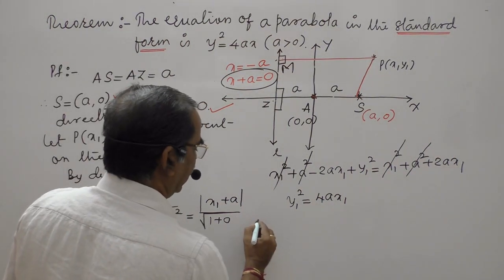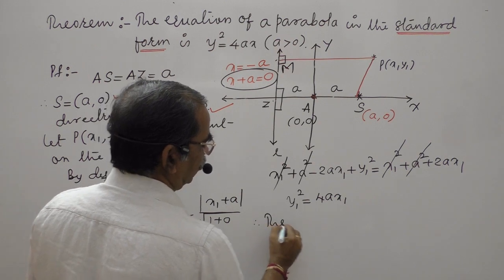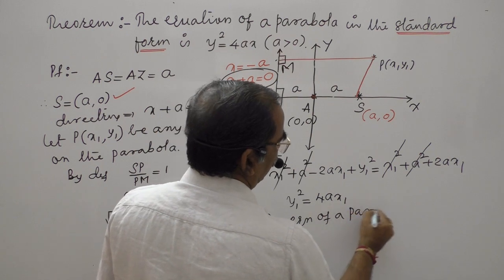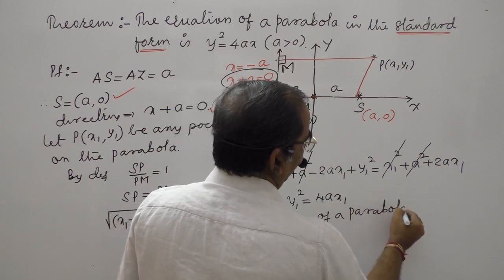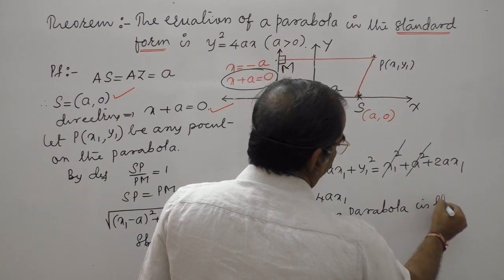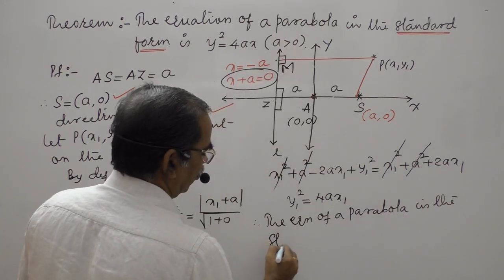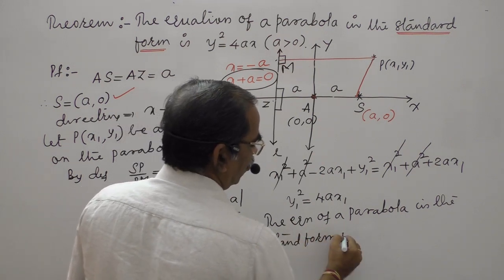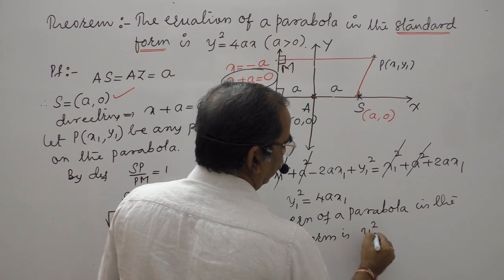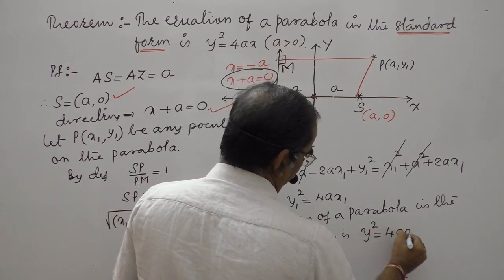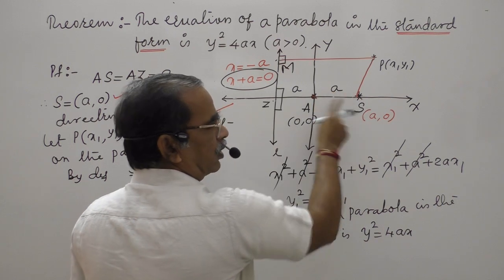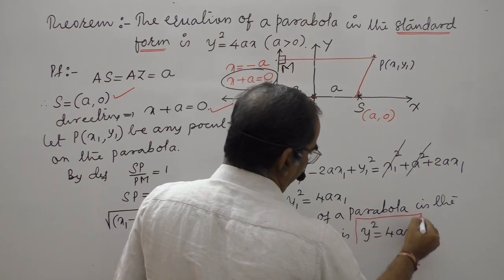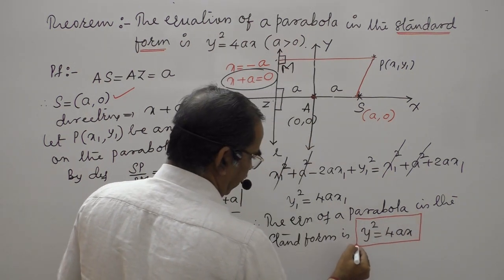So finally our conclusion: the equation of a parabola in the standard form is y square is equal to 4ax. What is a here? A is a length. It is greater than 0.